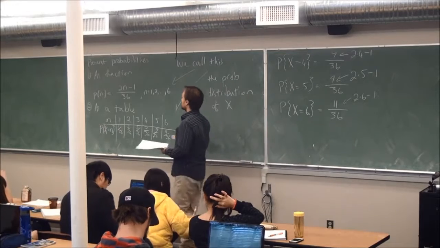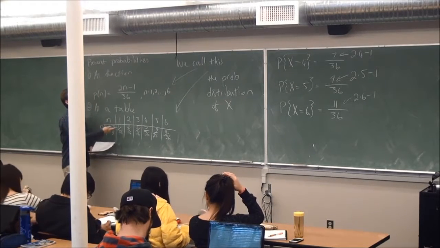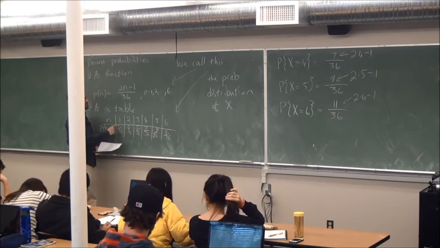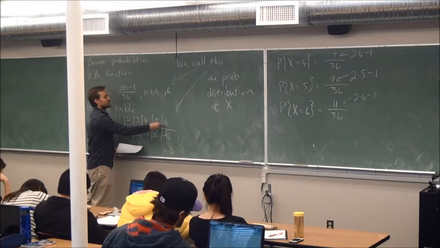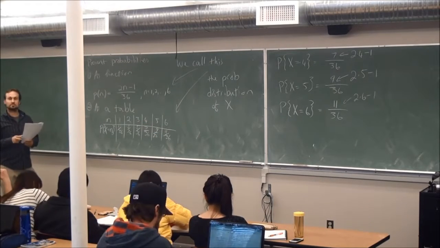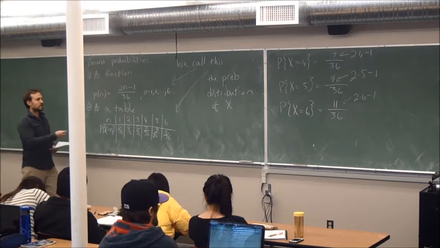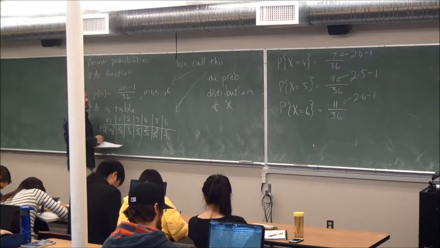But listing all the probabilities gives me a lot of information about the experiment. It tells me this guy is not very likely. As I go through the numbers, the bigger numbers are more likely to occur as a maximum of the band. So it tells me how the probability is spread over the possible values.